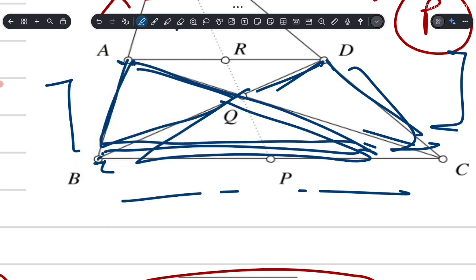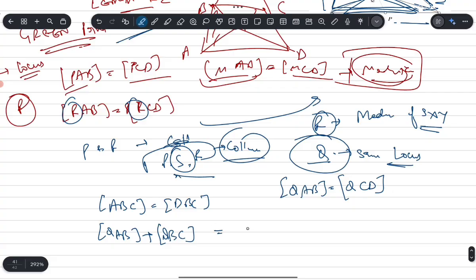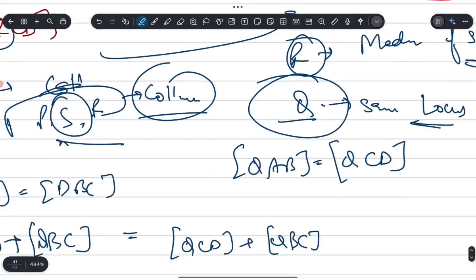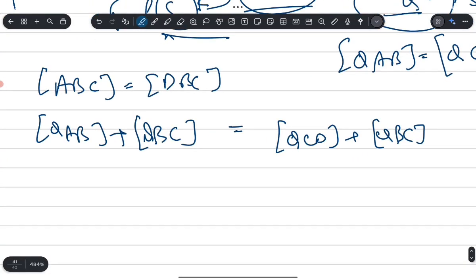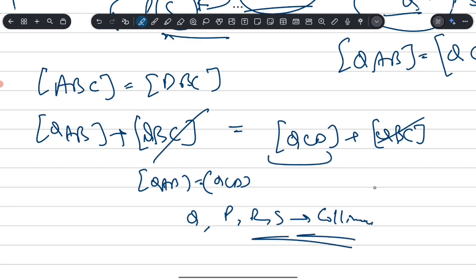And similarly, I will write DBC as QCD plus QBC. QBC is the common area between those two triangles, so QBC and QBC get cancelled. We have QAB equals QCD. That's what we wanted. So Q, P, R, and S are what? Collinear. Was that fun?